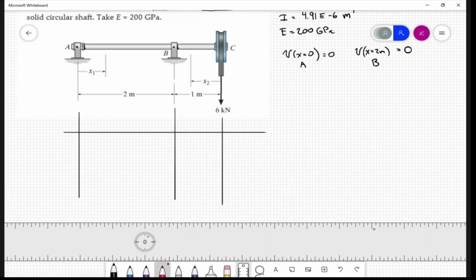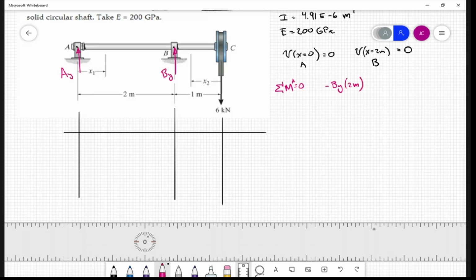So we're going to have here AY and BY, correct? So in this particular case, let's do sum of moments around, whatever, we'll do them around point A, I guess, right? Equal to 0. So that's going to give us BY is a negative moment, so minus BY times 2 meters.